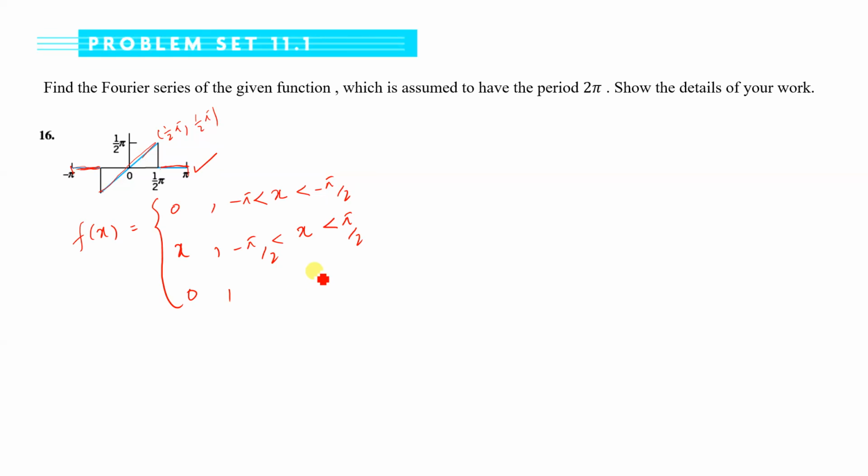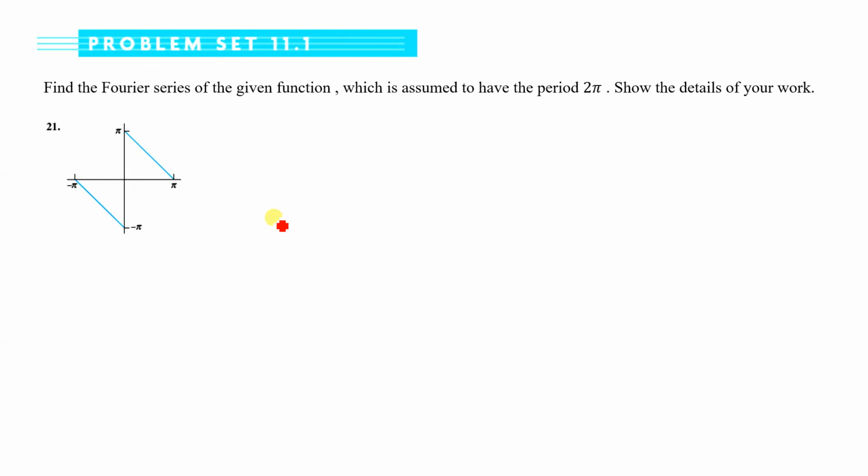So this is 0 when x lies between pi by 2 and pi. So this is the function, and you can evaluate all the coefficients, that is a0, an and bn, in order to find the Fourier series. So you can use this function to evaluate all the values. I'm not going to solve in detail, so again do it yourself.